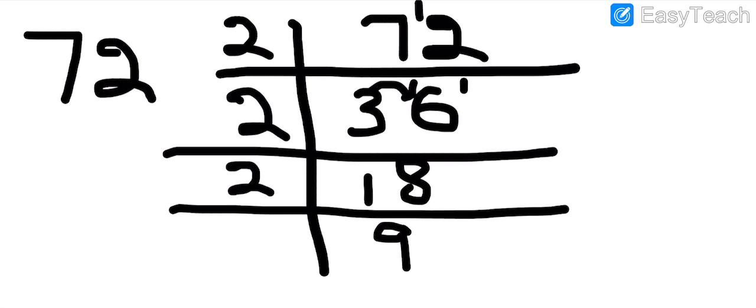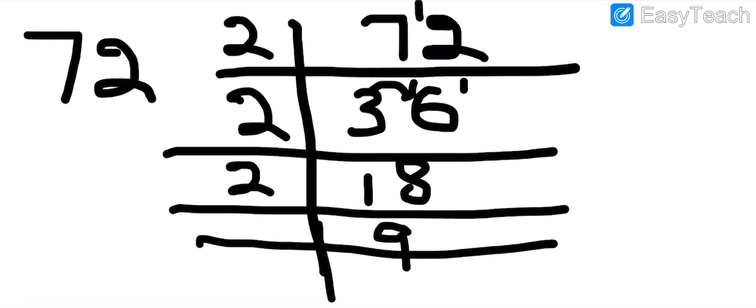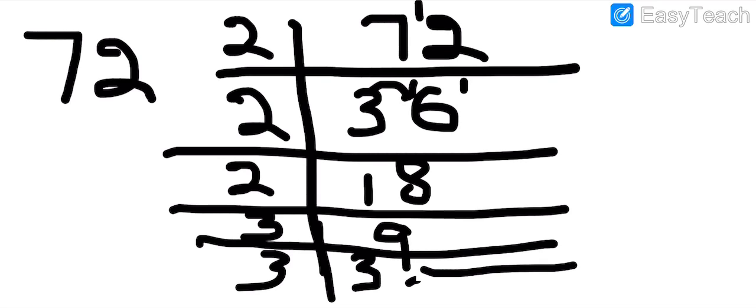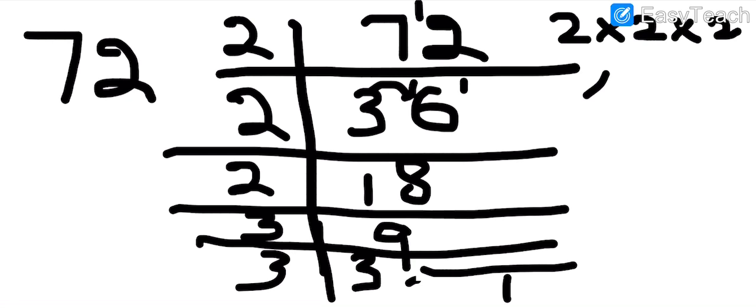Then 3, because 2 cannot go there and the second prime number is 3. 3 3s are 9, and then 3 1s are 3. So what do we get? We get 2 into 2 into 2 into 3 into 3 is equal to 72.